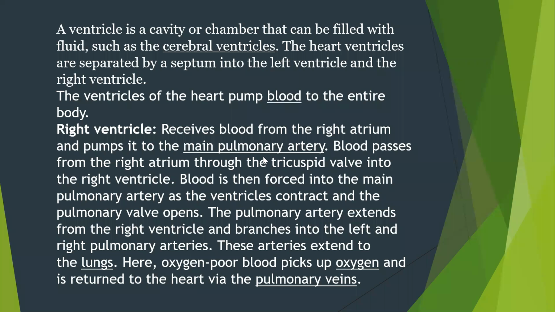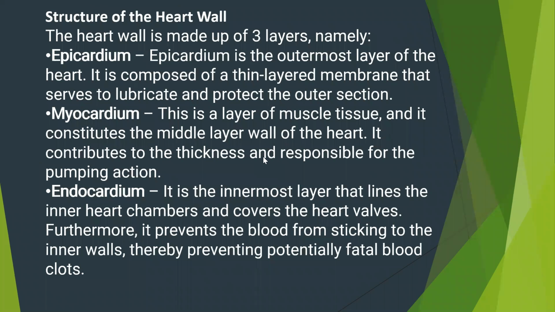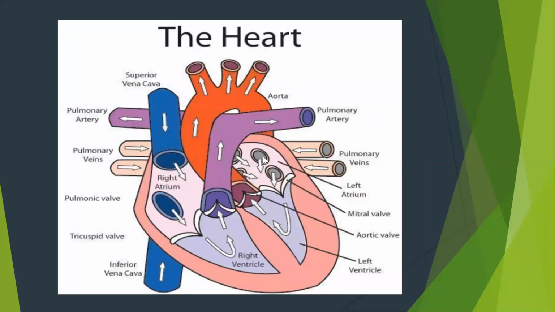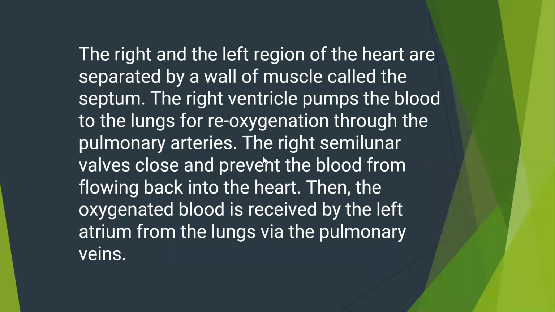The heart ventricles are separated by a septum into the left ventricle and the right ventricle. I have to go back again. Look here, guys, this is a septum, and it is divided into two parts with the help of this dividing wall.